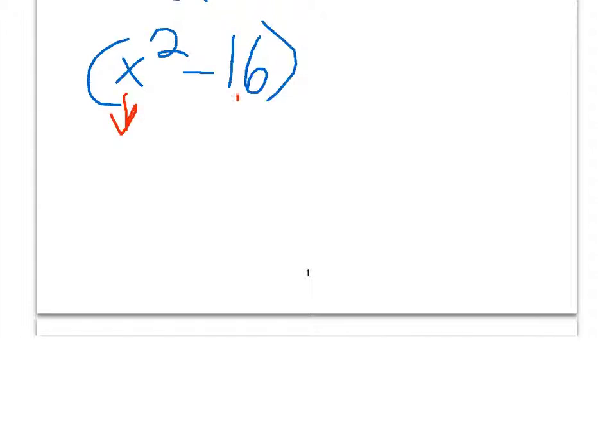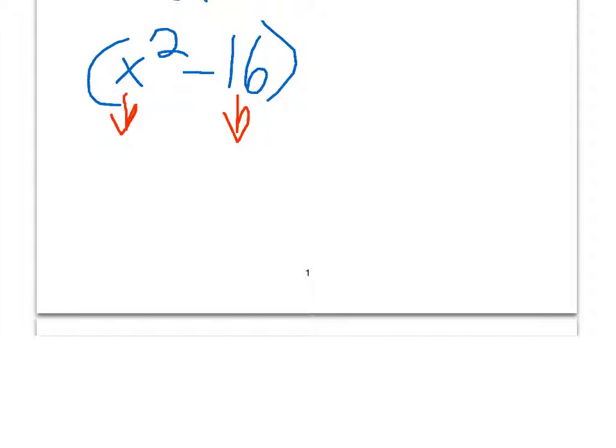Let's say that I want to factor x squared minus 16. Well, first you got to make sure that it is in fact the difference of two squares. X squared is a perfect square, so is 16. I'll give you some examples in a second of some that aren't.